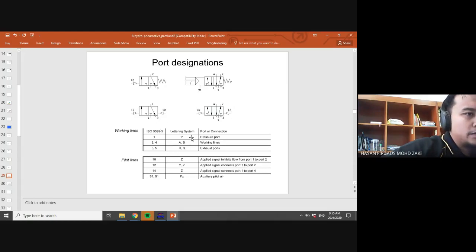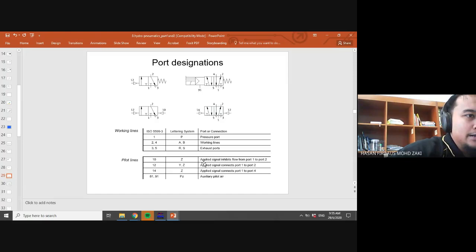You can find this in books, but in real engineering drawings, you see the ISO standard. Port number 1 is the pressure port or source port, 2 and 4 are working lines, 3 and 5 are exhaust ports. You have to make sure you put the numbers right. Very important.